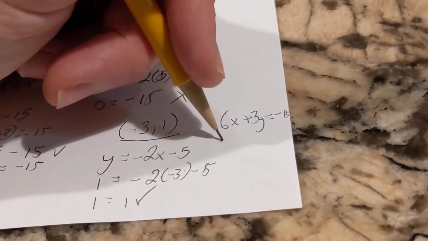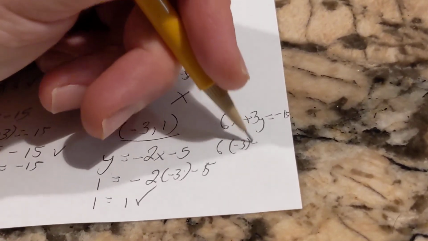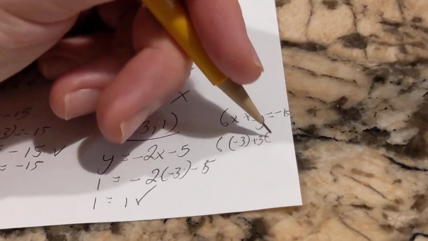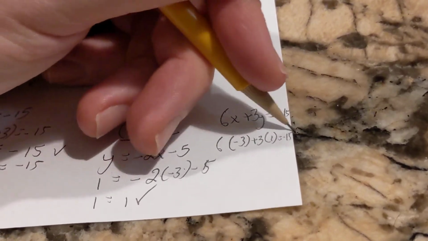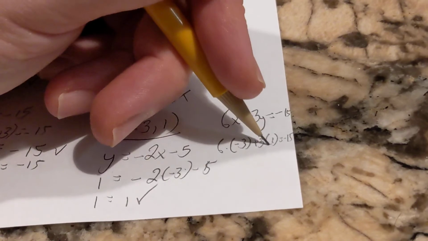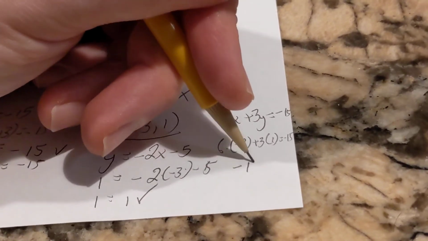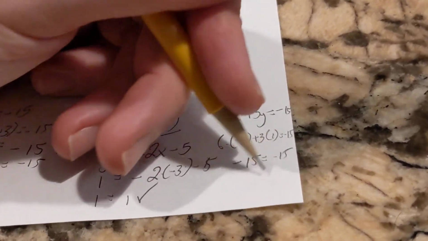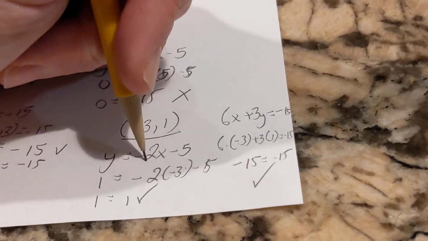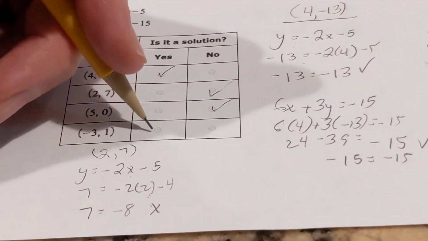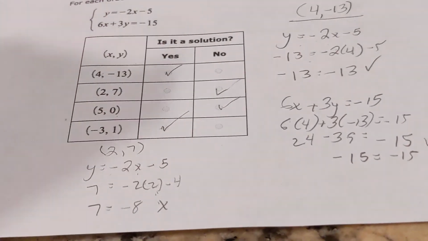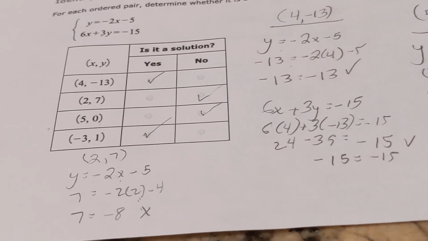So 6 times negative 3 plus 3 times 1 equals negative 15. That's negative 18 plus 3, which is negative 15. So it worked in the top equation and in the bottom equation. This one is a solution. Okay, you should be all set to do the assignment.